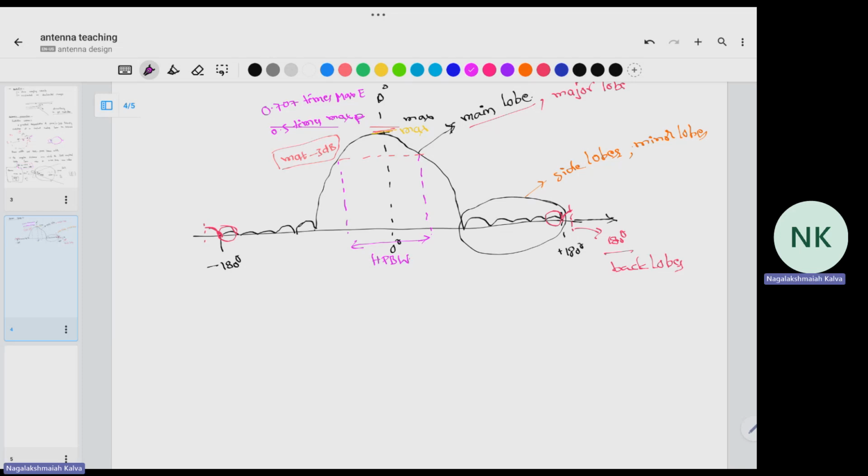There is one more term which is the first null beamwidth. It is defined as the angular distance between the first nulls, meaning the first low value, and then it starts increasing. So we can call these the first nulls. So this beamwidth, you can call the first null beamwidth.